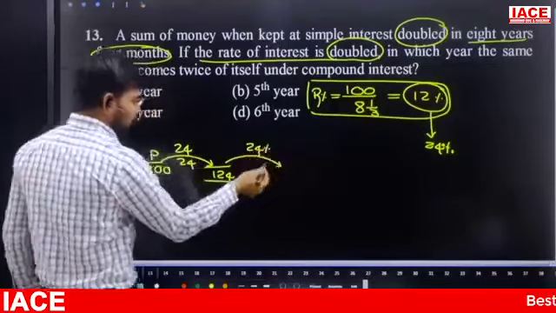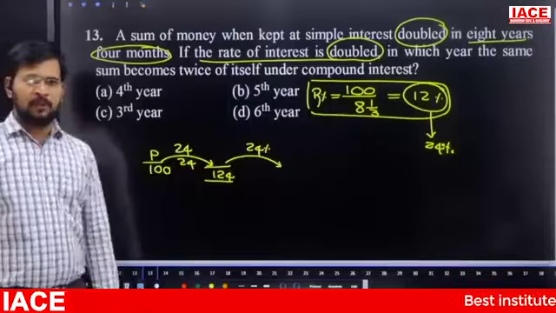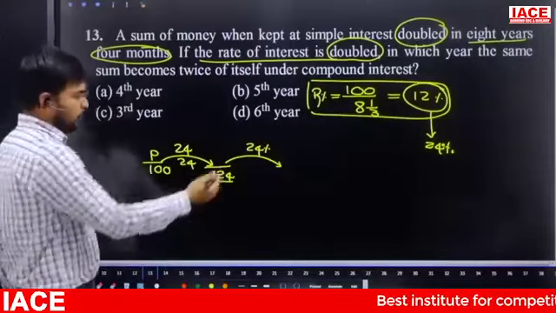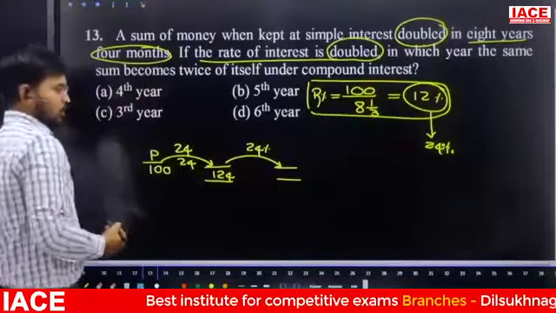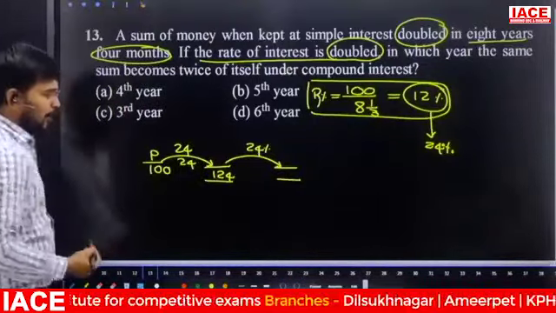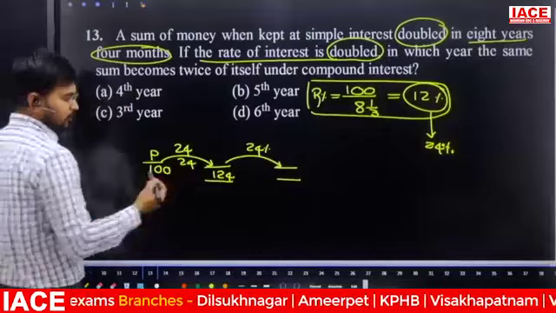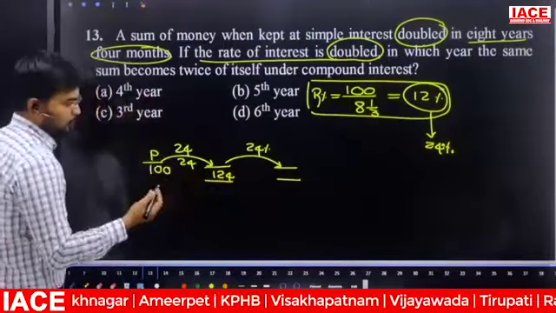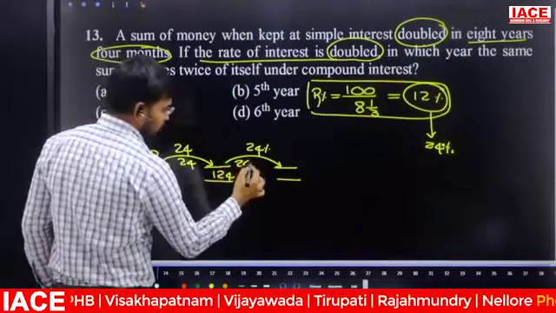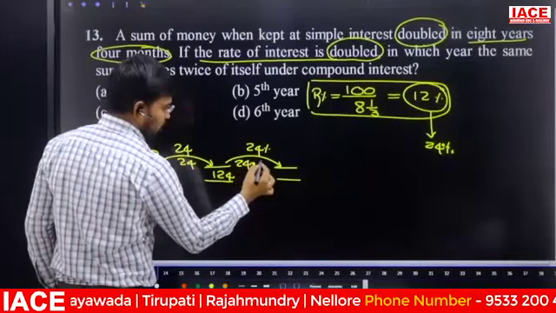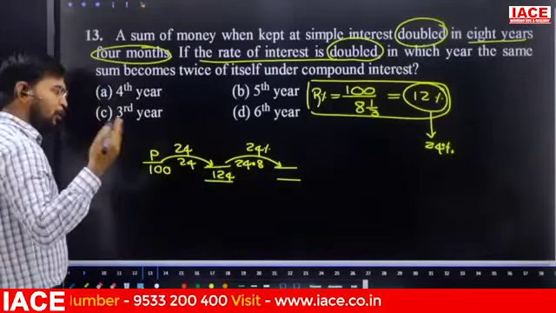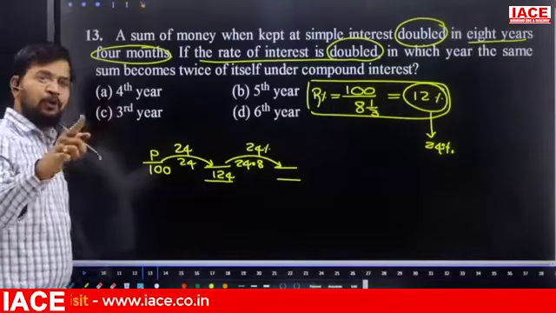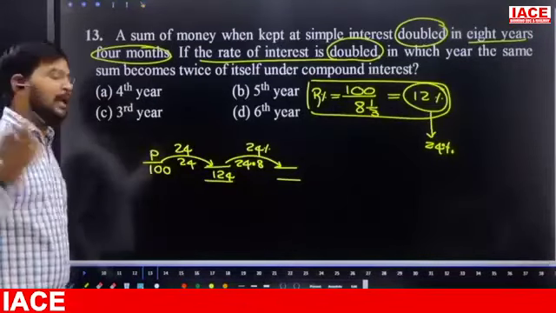So 24% on 124. 10% is 12.4, 20% is 24.8. 1% is 1.24, so 4% is 1.24 times 4, that is 4.96.